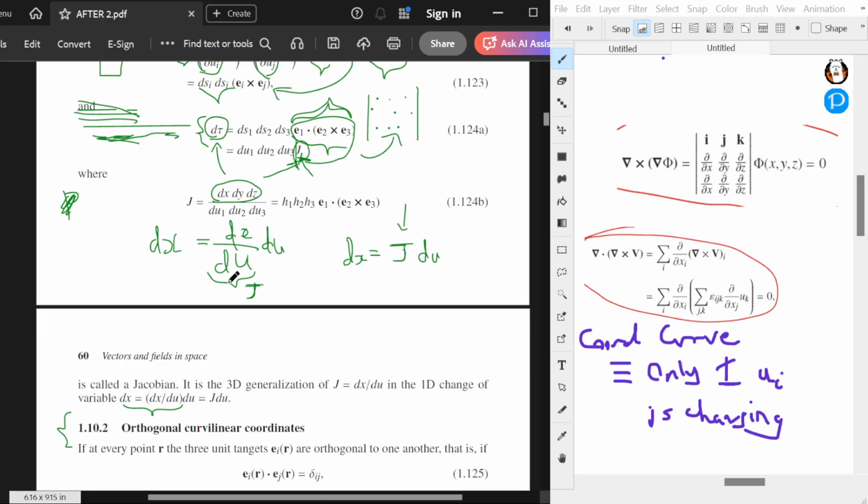It is a variable change. It's a differential. It is something. It's not a number, but J makes it look simple. So you can do J. You can do this stuff in one dimension, but the Jacobian is like 3D. We can do it in 3 dimensions. Wow.